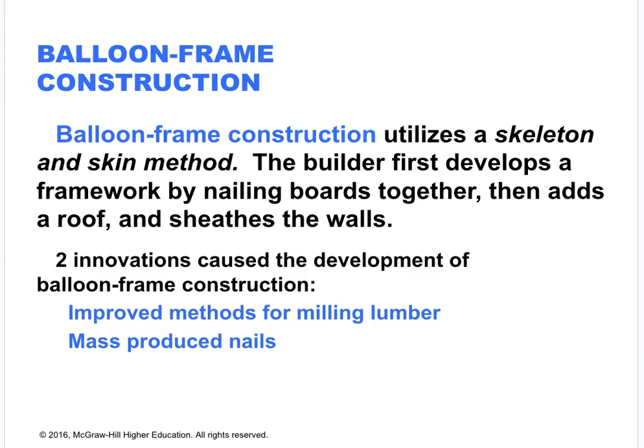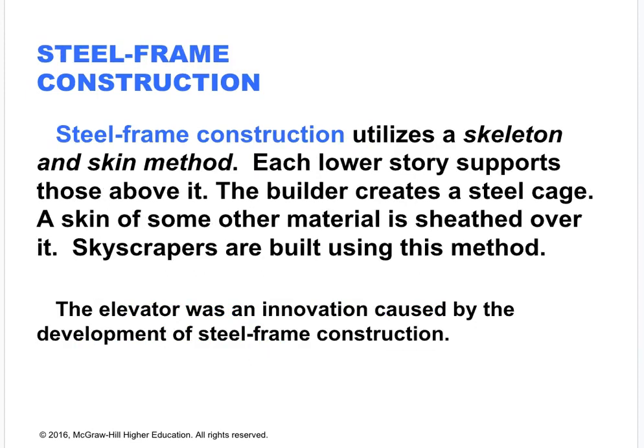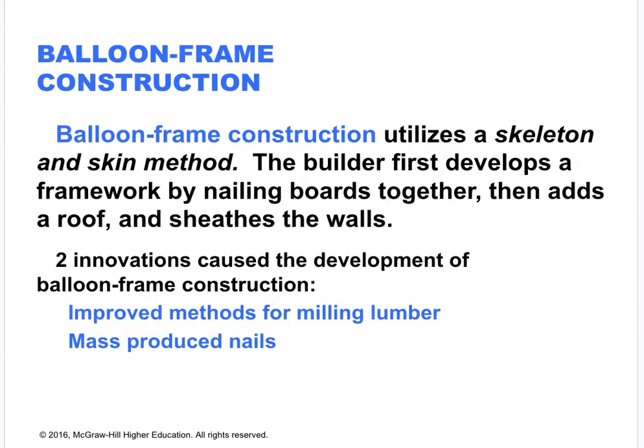You add a roof, you cover the walls with plywood, and then some other sort of skin. And this is how most houses are built. I didn't actually give you an example of that, but if you can just picture, you've seen houses being built, modern day stick-built houses with a wooden construction and then the covering over that.